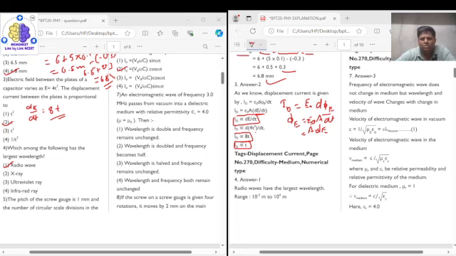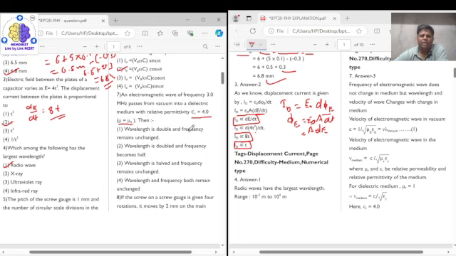So let's look into question number 7. The question says that an electromagnetic wave of frequency 3 megahertz passes from vacuum into a dielectric medium with relative permittivity epsilon r equal to 4.0 and relative permeability mu equal to mu naught, the absolute permeability.